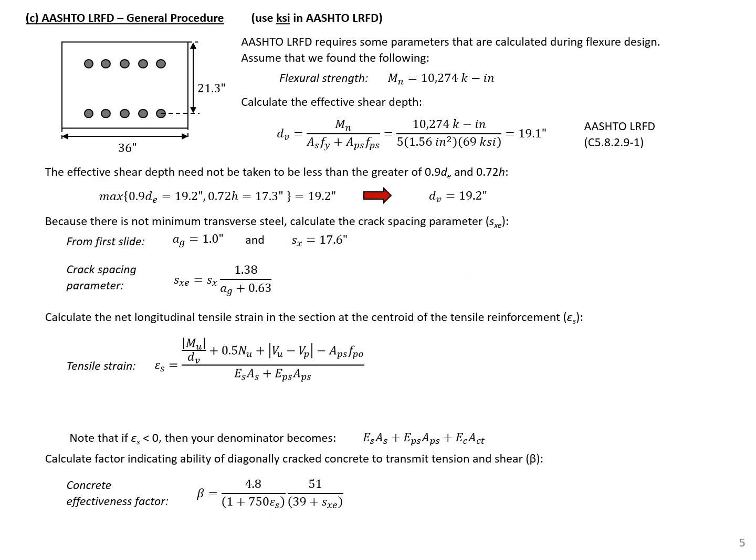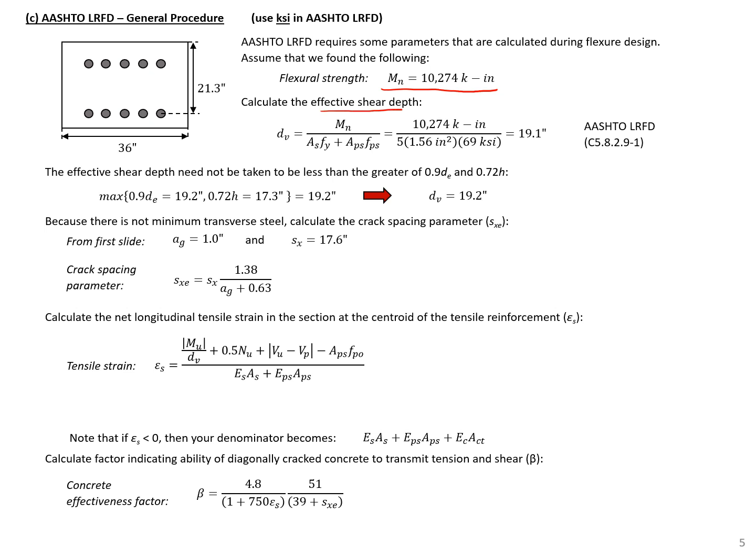We're next going to use the AASHTO LRFD general procedure. So normally when we're doing a shear design, we'll first do the flexural design. So that means that we'll have our flexural strength already. So AASHTO uses the flexural strength in the determination of what's called an effective shear depth.